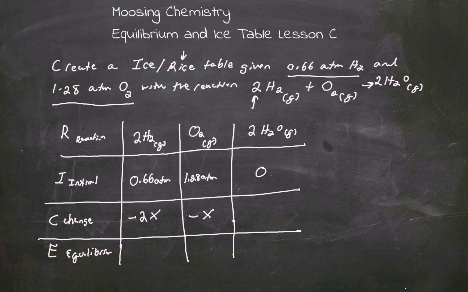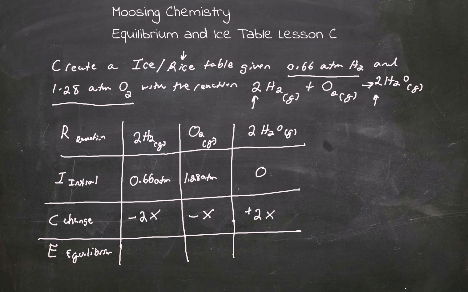Now, we are going to be gaining 2 moles of water vapor, right? So we're going to call that positive 2x, because we're not losing it, we are gaining it. Okay, now, to establish equilibrium, we just have to do a couple more quick things.